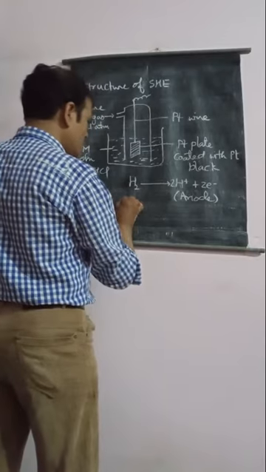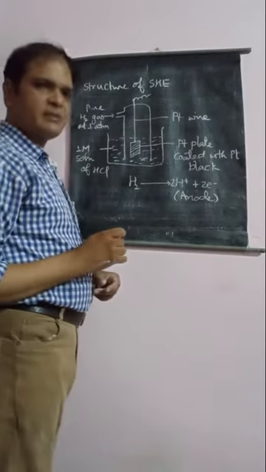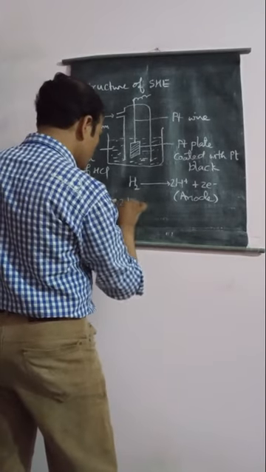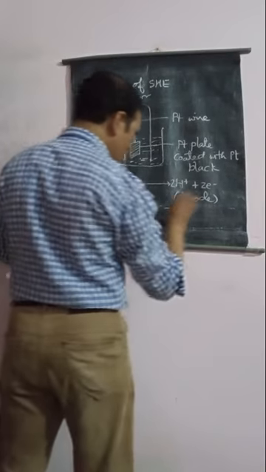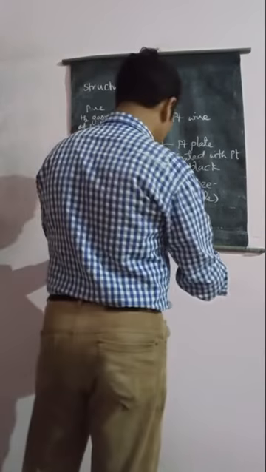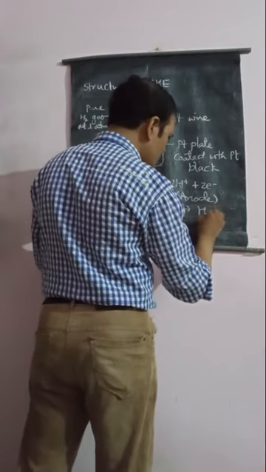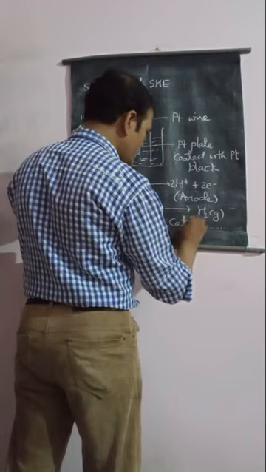When the reduction reaction takes place, the standard hydrogen electrode will behave just like the cathode: 2H+ takes 2 electrons coming from another electrode and converts into hydrogen gas.